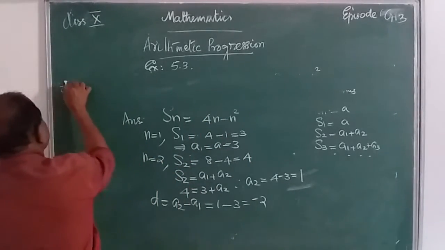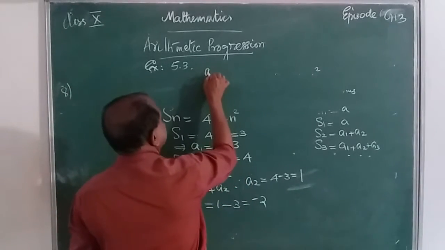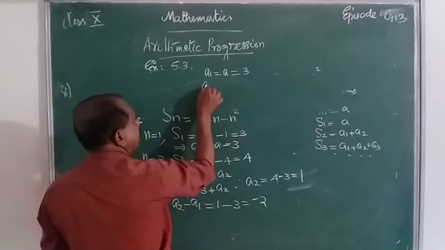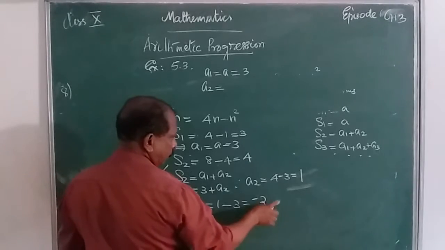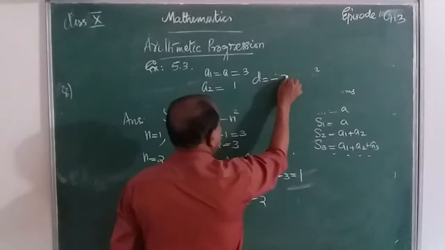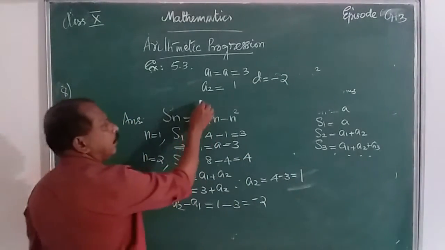Number 8. First term A1 is equal to a is equal to 3. Second term A2 is equal to 1. d is equal to what? 1 minus 3, that is minus 2. Then what is A3?